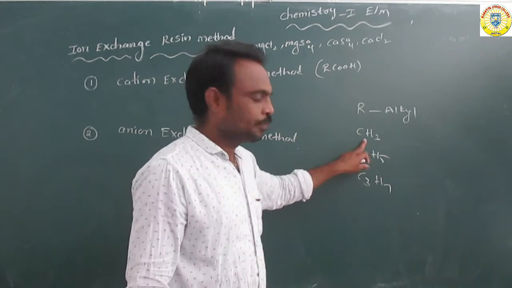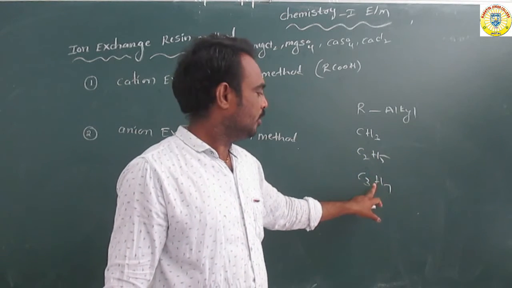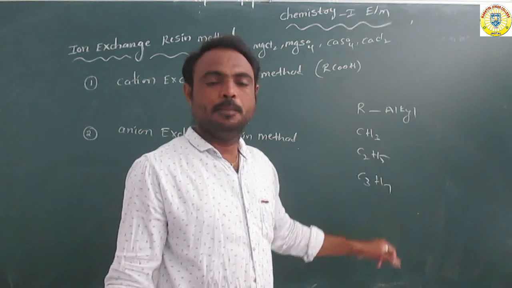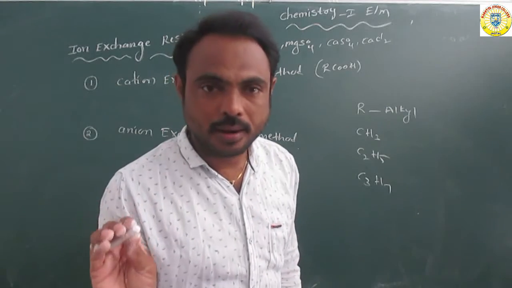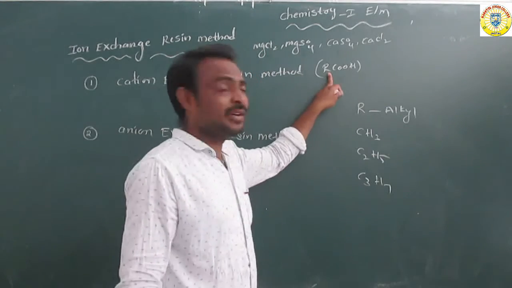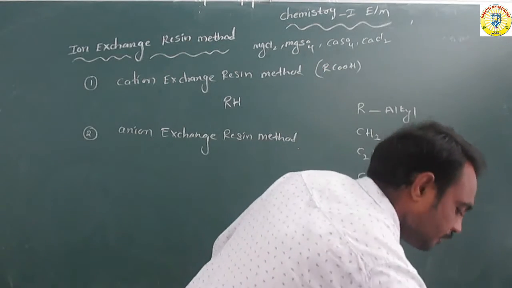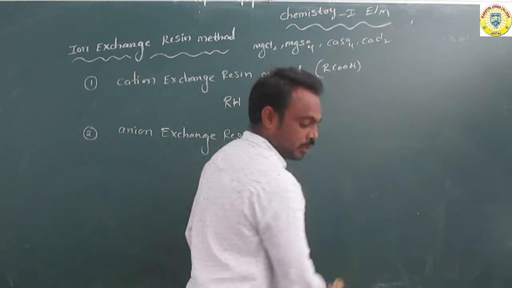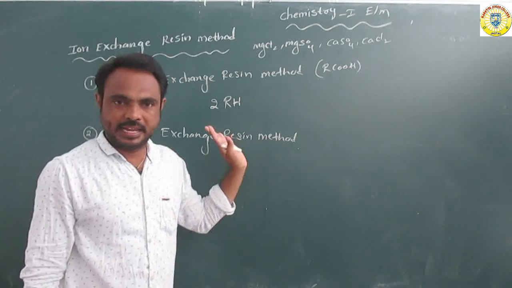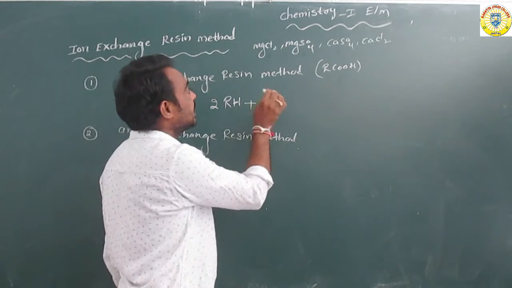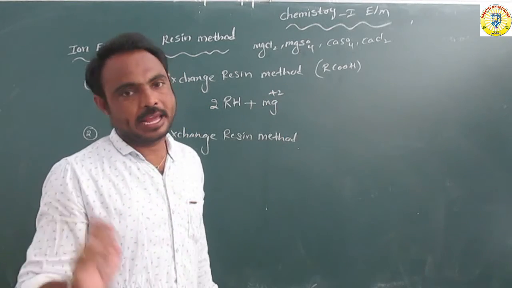So methyl, ethyl, propyl, butyl, pentyl, they are all alkyls. In place of R we write CH3 or C2H5, any. So overall this RH acidic resin exchanges Mg2+ or Ca2+, any cation.